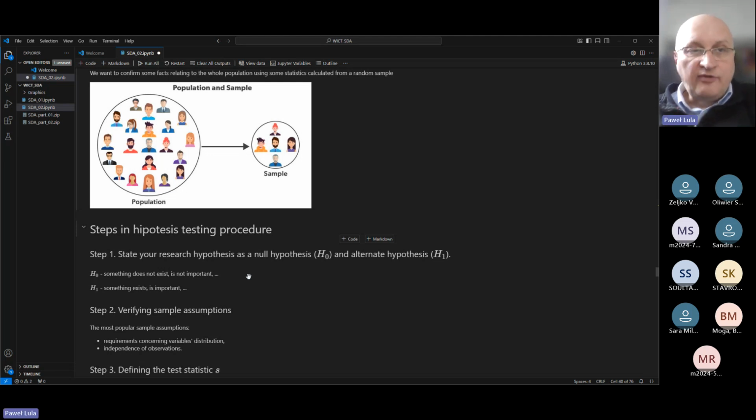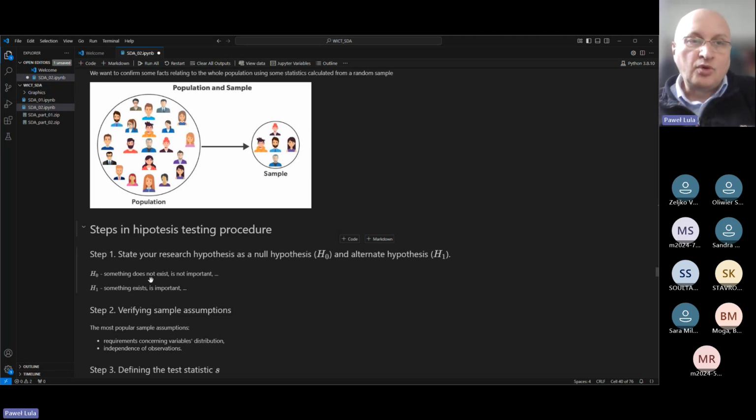How to perform this procedure? First, of course, we should state our hypothesis about the whole population, because we should have this sentence which we are going to verify.